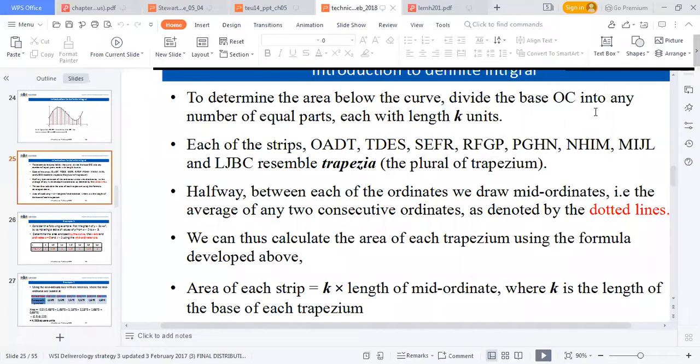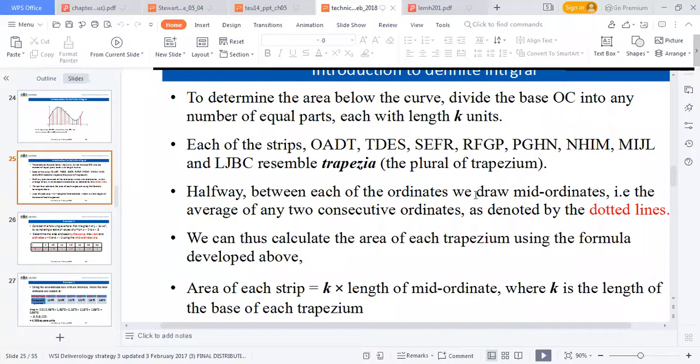To determine the shaded area under the curve of f of x, we have to divide the base into any number of equal parts, each with length k units. Each of the strips can be treated as a trapezium.